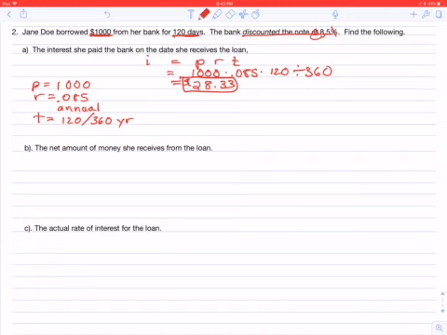Since it's a discounted loan, though, the interest is taken directly out of the money that she borrowed. So she doesn't receive the full $1,000. To find out how much she received, we'll subtract the interest from that $1,000. So she actually only received $971.67.